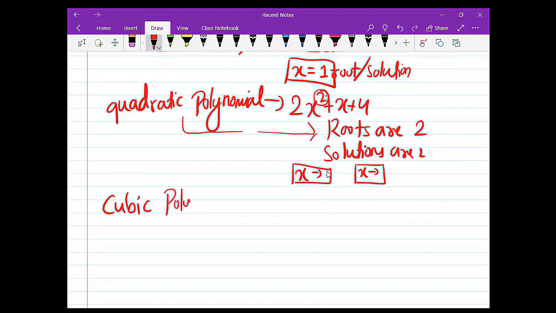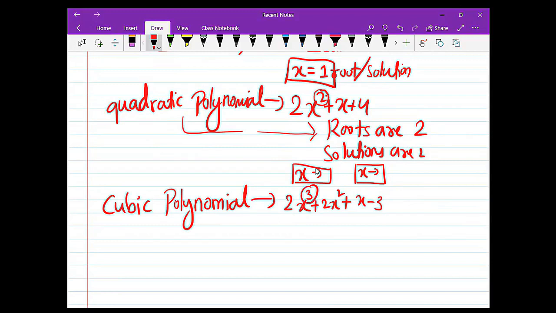Okay, cubic polynomial. Observe linear polynomial, that is degree of the polynomial is 1. It has one solution. Quadratic polynomial degree is 2. It has two solutions. Like that, degree of cubic polynomial is 3. The degree of polynomial is 3.